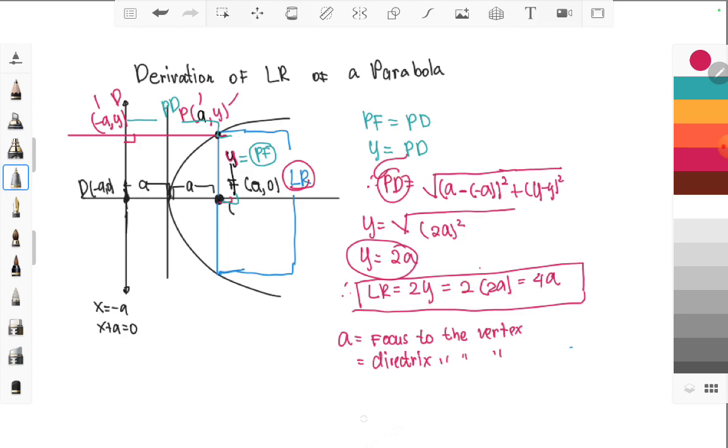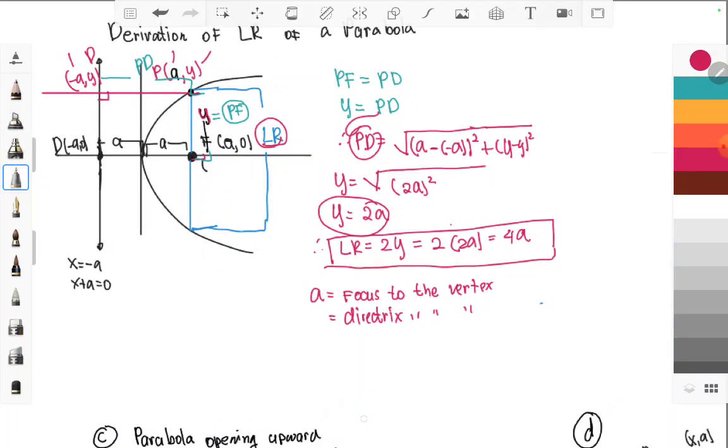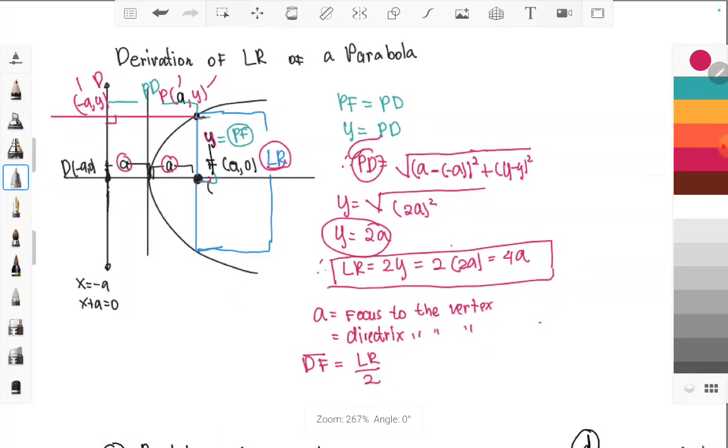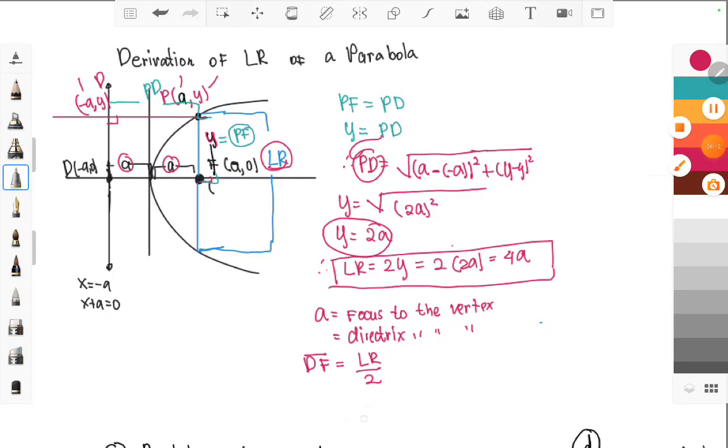So we may say that the distance from our directrix to our focus is equal to our LR over 2, or the latus rectum divided by 2, because if you add a plus a, it is just equal to 2a. So that is for our latus rectum.